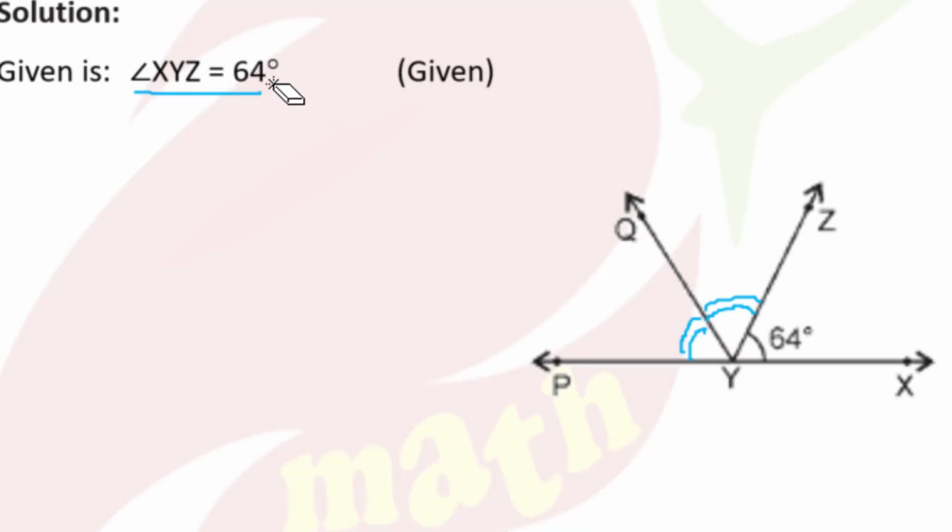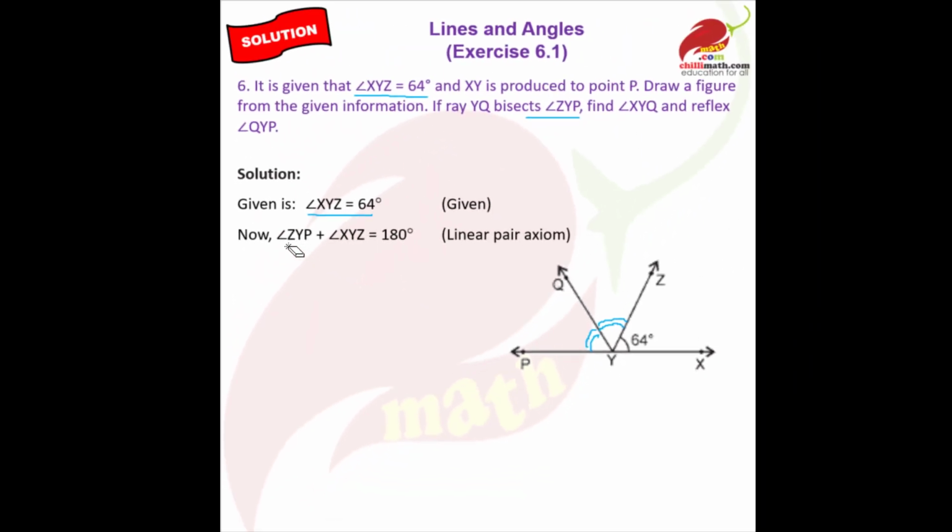Angle XYZ 64 given. Now ZYP plus XYZ is equal to 180 degree, linear pair axiom. XYZ is given, so ZYP is equal to 116.